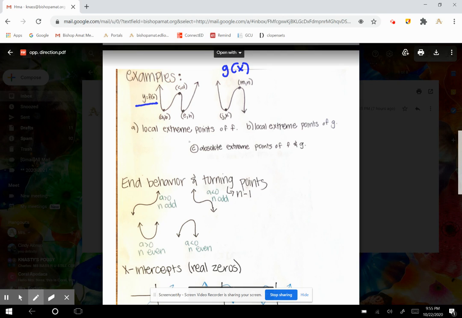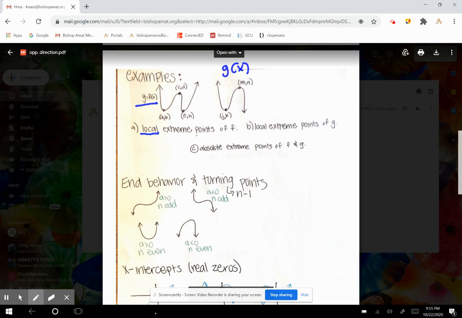Well, what are your extreme points, right? Your extreme points are going to be the local minimum and the local maximum. So the local extreme points are your minimum and maximum of f.